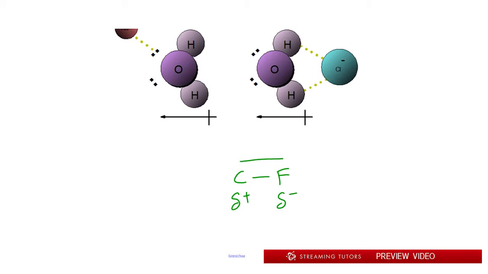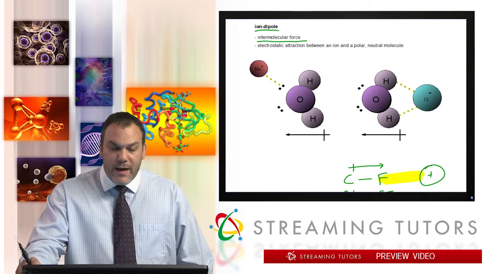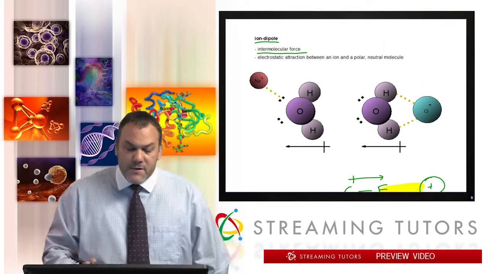Now, since the electrons move towards fluorine, that means that if you have a positive source, it'll be drawn over to the fluorine. And there's a force, an attraction between here, that yellow here, and that is the intermolecular force that we're referring to. This is an ion dipole. Okay? And I'm showing you water up here as an example.